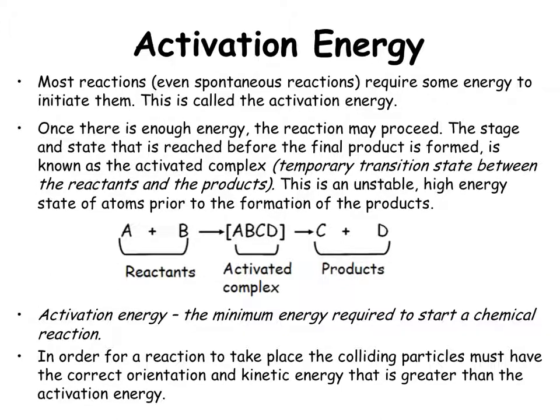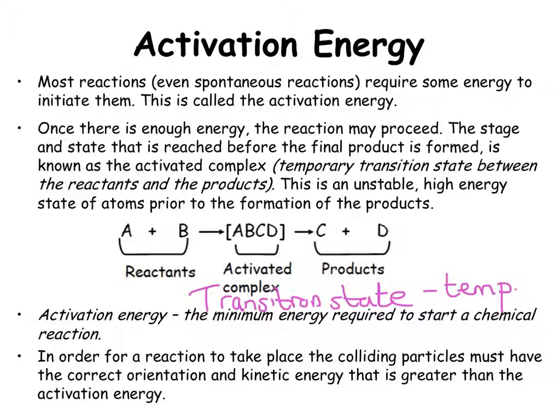So the activation energy is the definition of the amount of energy I need to get up to the activated complex. The activated complex is a transition state. So it is a temporary situation. Transition means that it's going to change. It's temporary. And then it is going to become the products.